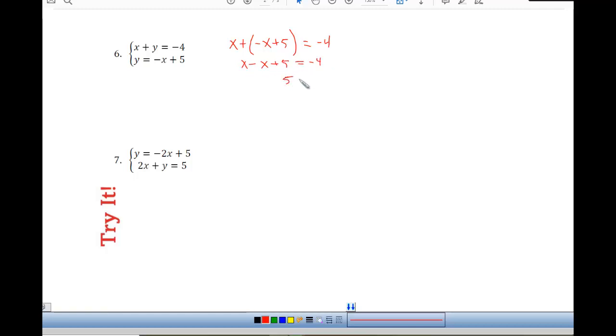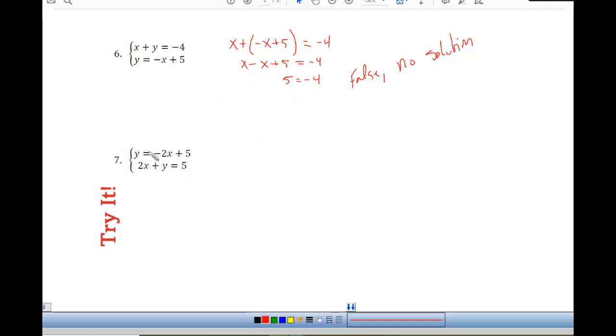That makes 5 equals negative 4. So again, this is going to be false. No solution. So there's no point at which these two will hold the same value. I cannot put something in for x and get the same thing for y. So they are not equivalent at any point.